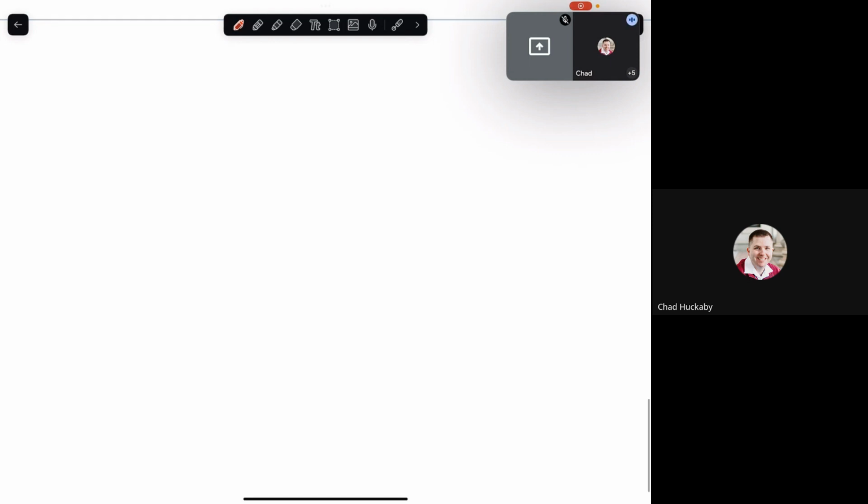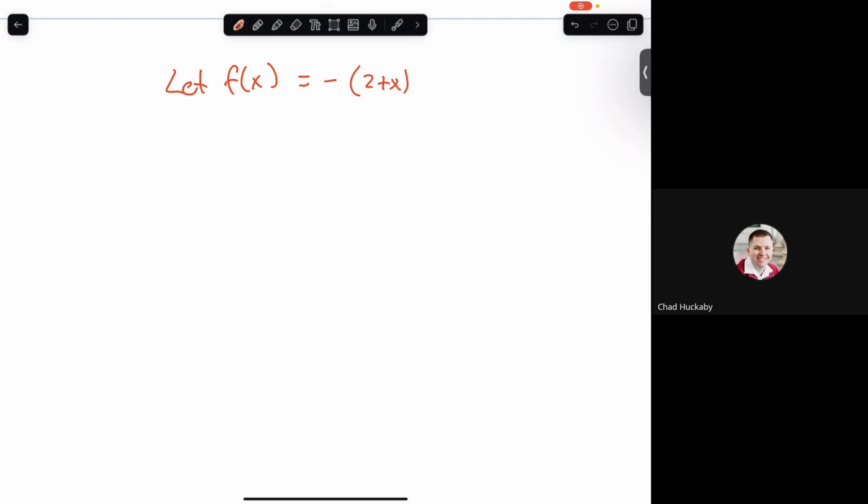Okay, so we have let f of x equal negative the quantity 2 plus x. That's what you had, correct? The first thing we want to do is evaluate f of -5. In this case, our input is -5. So we plug in -5 for x.